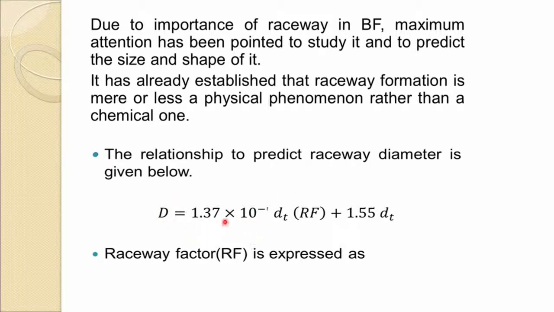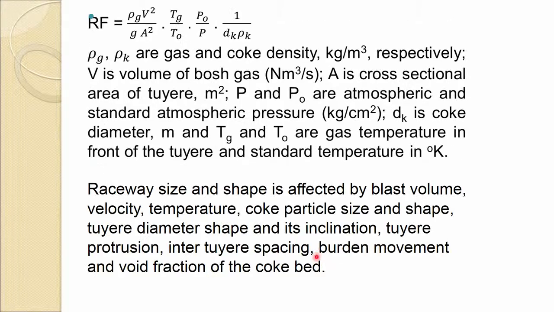Here dt is the tuyere diameter and Rf is the raceway factor, which is expressed again from this. rho g is the gas density and rho k is the coke density. g is acceleration, V is the volume of the blast gas in normal meter cube per second, and A is the cross sectional area of the tuyere.